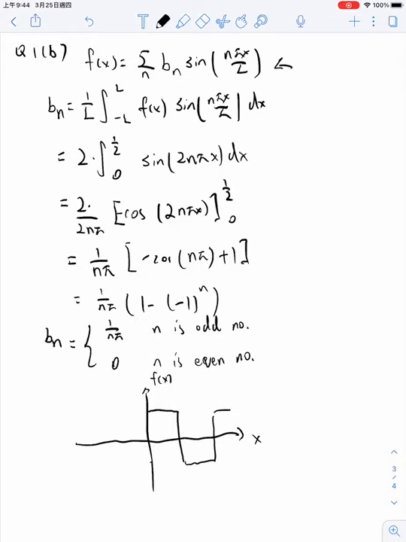If you combine what we get in part A and part B, the dashed line is what we get in part A, that's equal to 1/2. This part cancels out, and this part adds up, and it will become the f(x) that we defined at the beginning of the question.